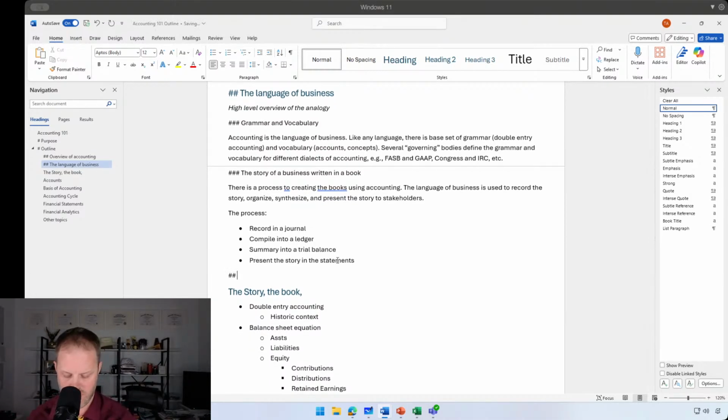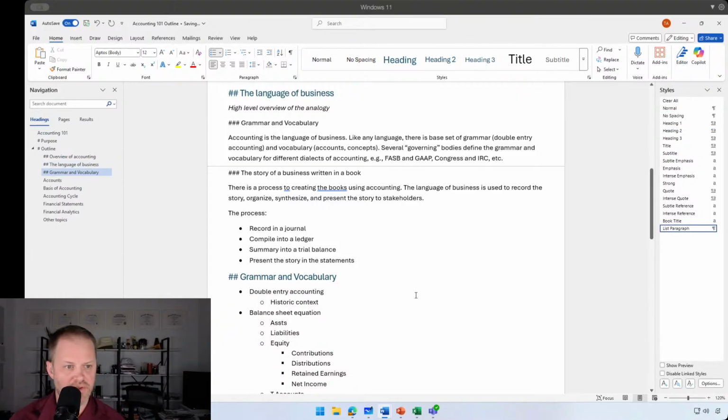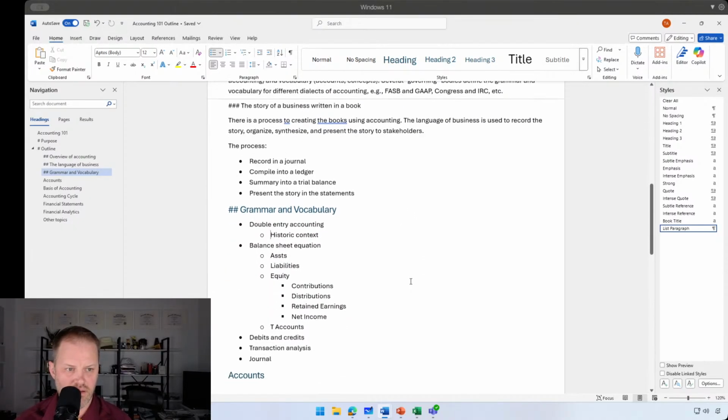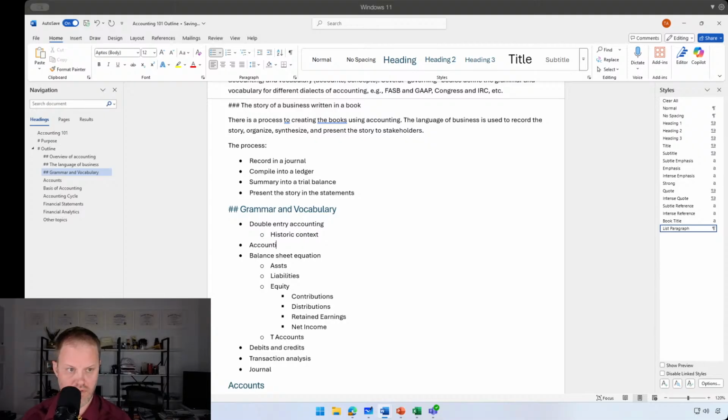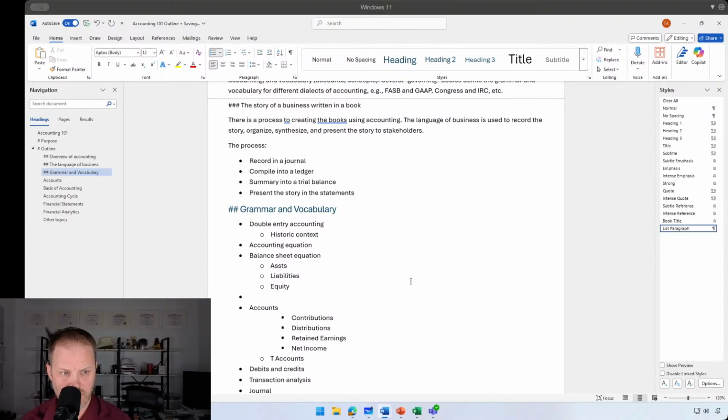So, talk about double entry accounting, then the balance sheet equation, the concept of accounts. How do I want to do that? Do accounts.